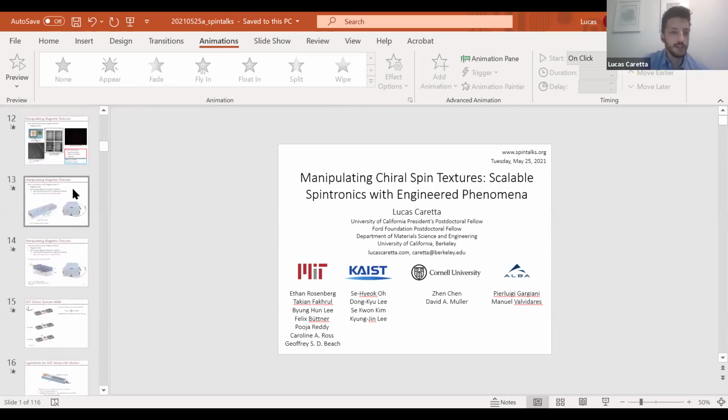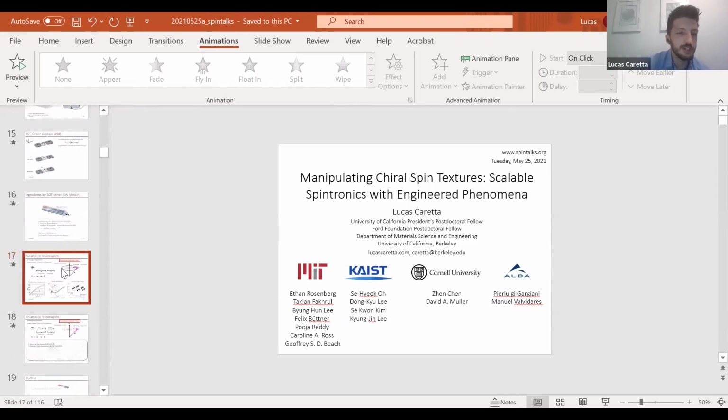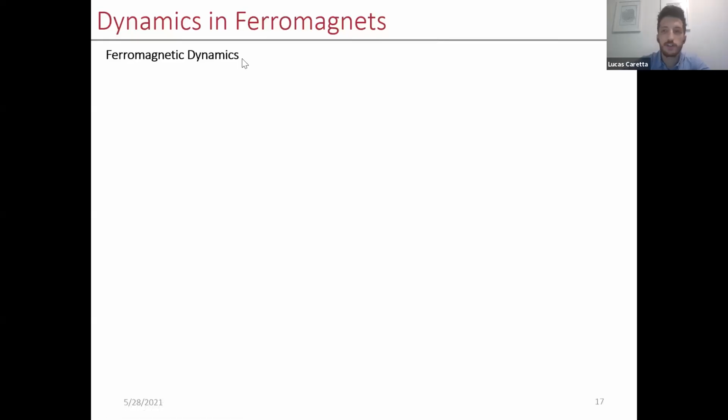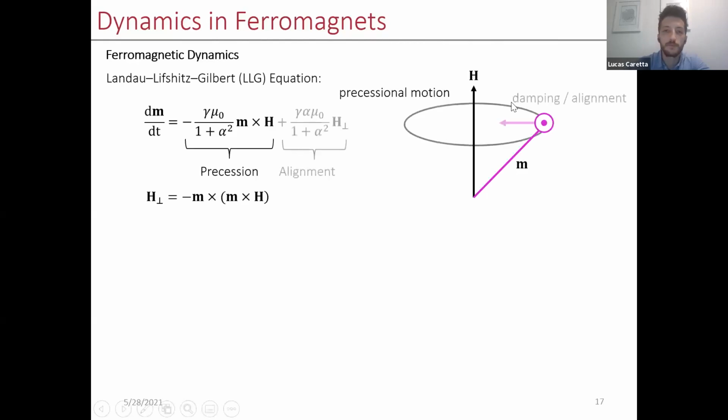Okay, I'll see if I can understand your question. Maybe it goes back to some of the earlier slides that I showed here. So I think what you're saying, you can describe field-driven motion using this expression, the LLG equation. I think that's what you're talking about, this precessional-driven motion. Right. When you look at spin-orbit torque-driven motion or current-driven motion, you actually get a bunch of other terms here as well.